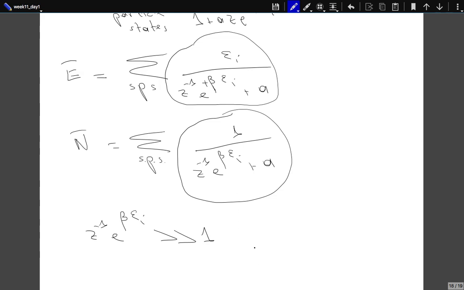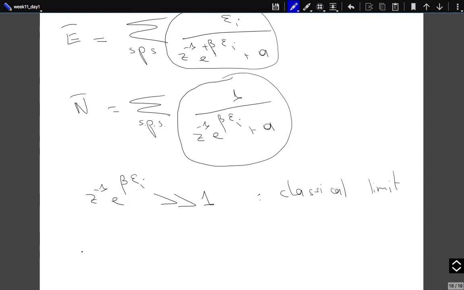So this is what we mean by the classical limit: e to the power epsilon I minus mu over kT should be much, much larger than 1. This is the definition of the classical limit of statistical systems.